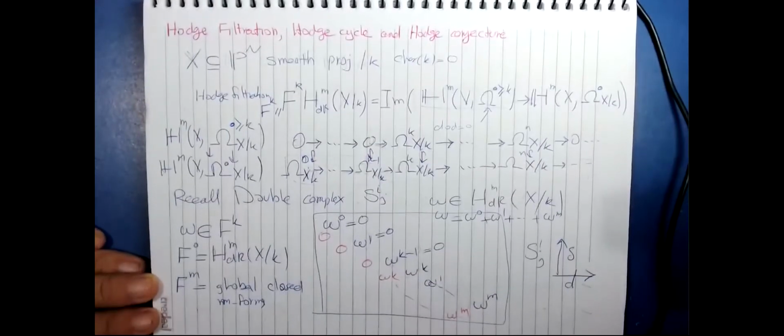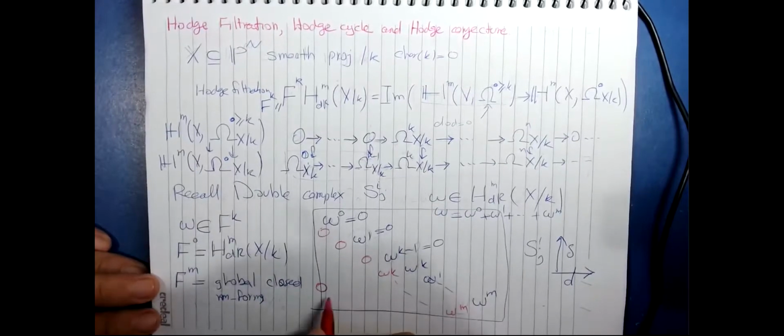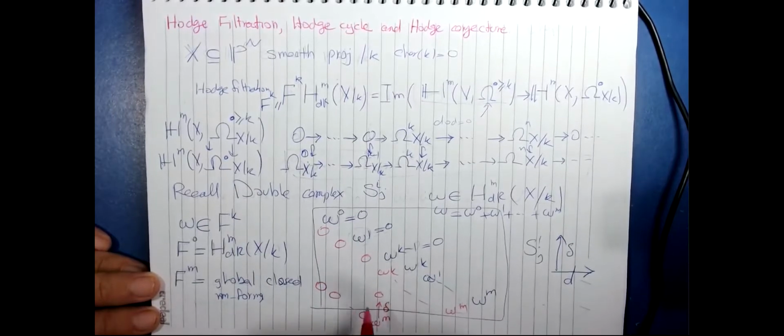And the reason is easy because if we look at the double complex, elements of F^m are just 0, and then there is just omega_m here. So its delta must go to 0 because there is no contribution from this direction, and its d is equal to 0.